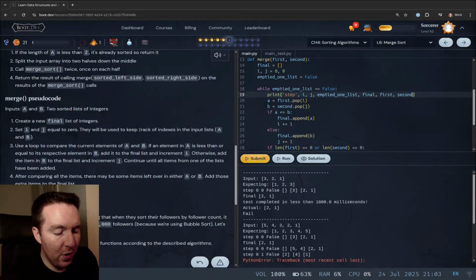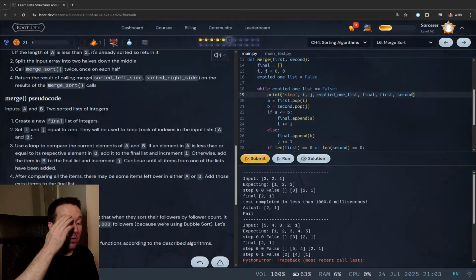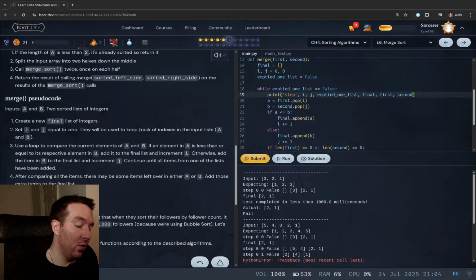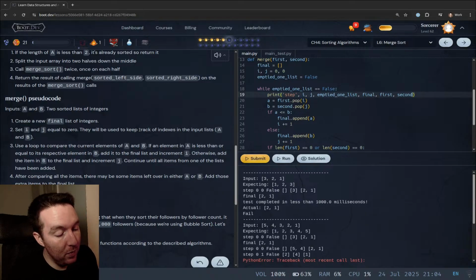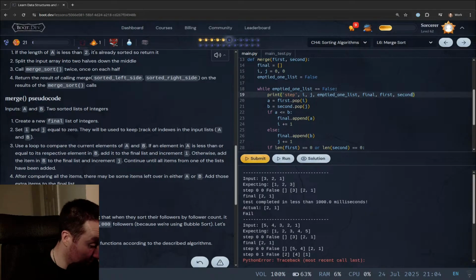It'll be used to keep track of indexes in the input lists A and B. Use a loop to compare the current elements of A and B. If the element in A is less than or equal to its respective element in B, add it to the final list and increment i. Otherwise, add the item in B to the final list and increment j. See, all items from one of the lists has been added.